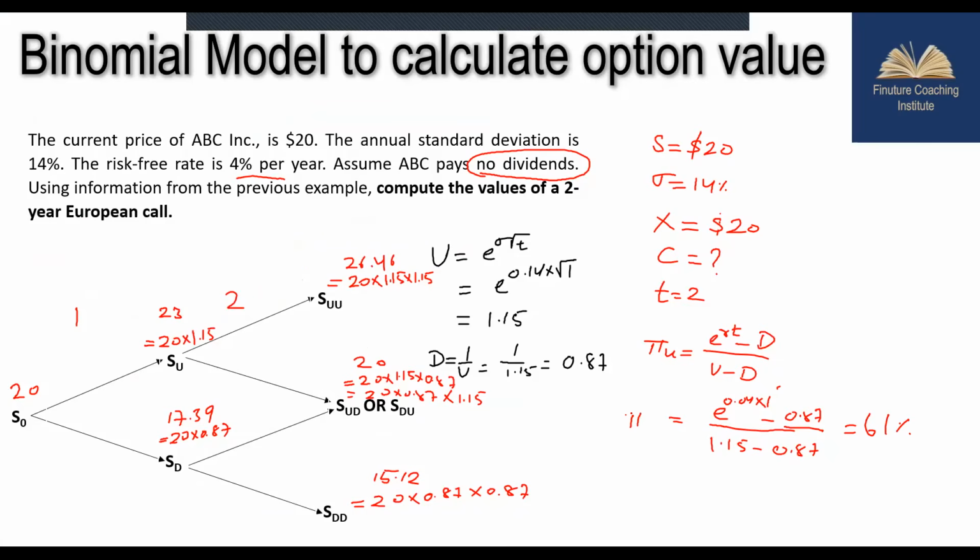So the probability of up move is 61%, and the probability of down move would be 39%. It's 1 minus up move.